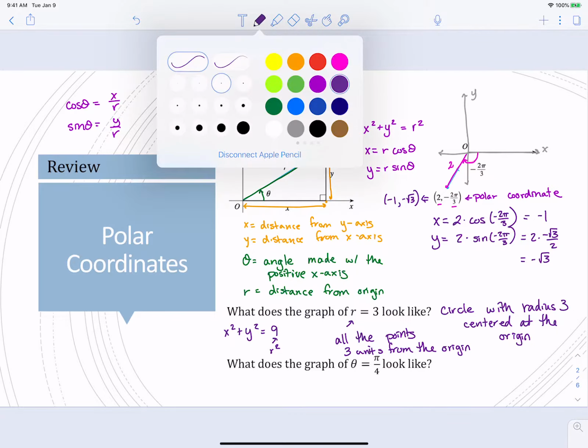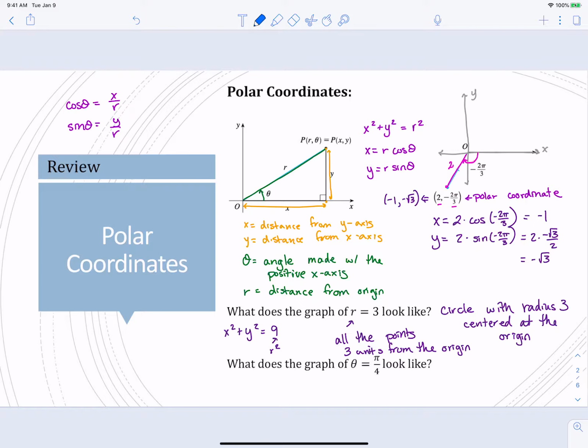If we were looking at our other question here, what does the graph of theta equals pi over 4 look like?